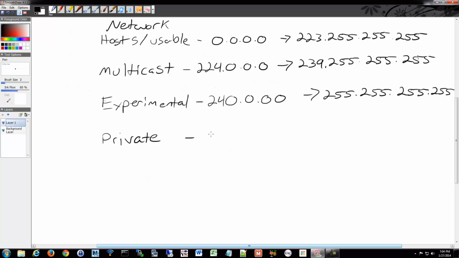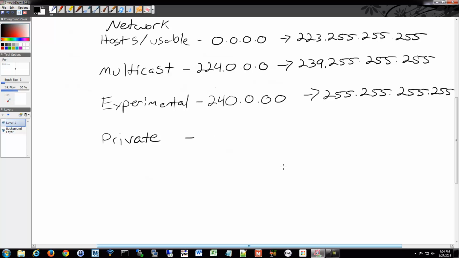But what came about was network address translation, NAT, and that really helped with the private address idea, where you could then translate an internal private address to an external public address, so you could hide 300 computers behind one actual IP. And so we'll get into that later on.